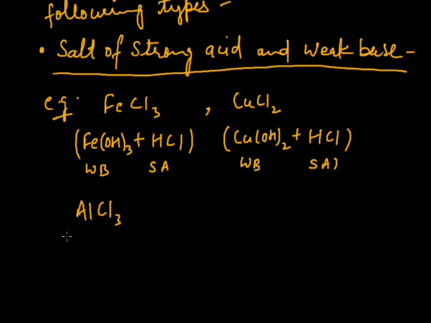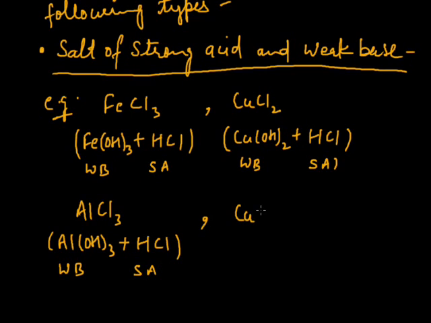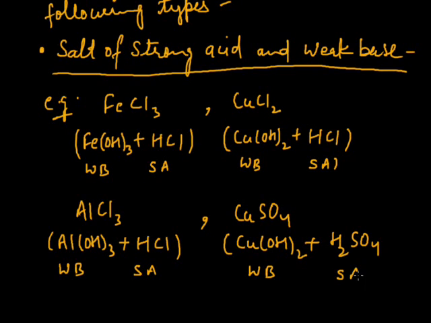AlCl3 is formed by the combination of Al(OH)3, a weak base, along with HCl, a strong acid. CuSO4 is formed by the combination of Cu(OH)2, a weak base, and H2SO4, a strong acid.